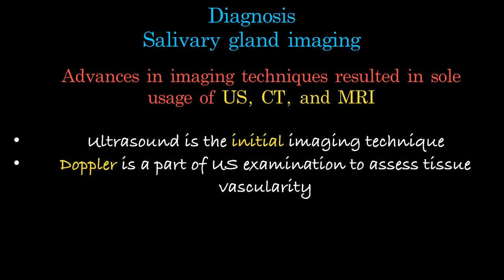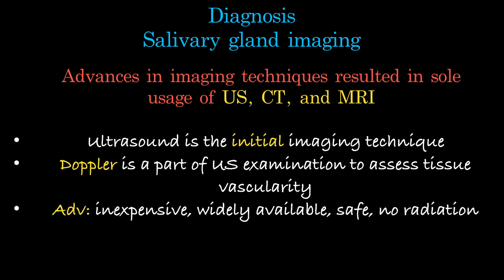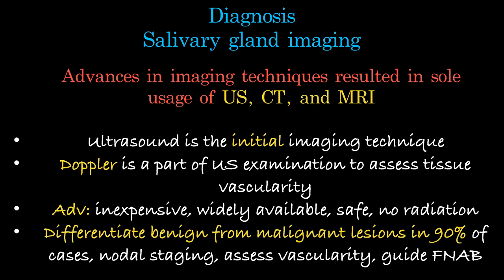Why do we like the ultrasound that much? It's very safe, there's no radiation, it's available everywhere, it's inexpensive, and it gives us quite good information. An ultrasound examination can differentiate between benign and malignant lesions in 90% of the cases. We can see the lymph nodes and make nodal staging to know the stage of the malignant tumor, if we have some kind of malignancy.